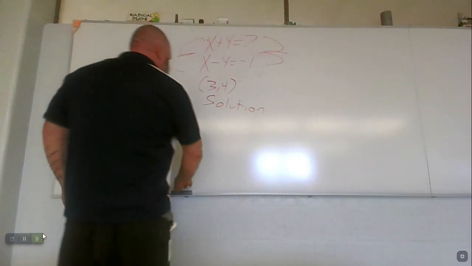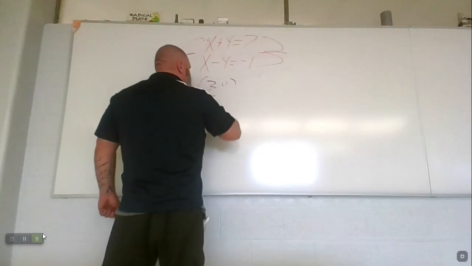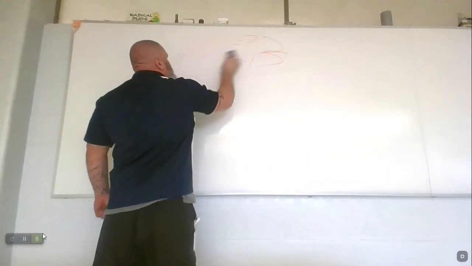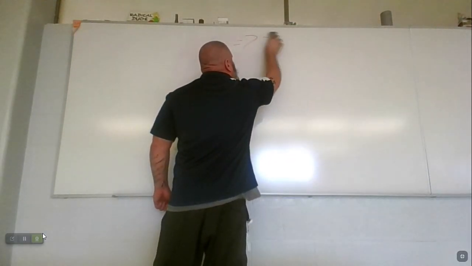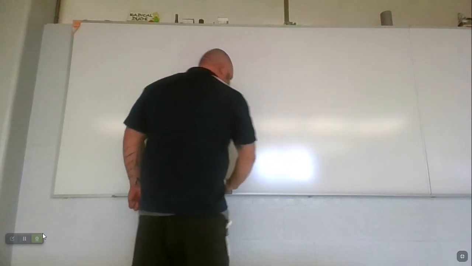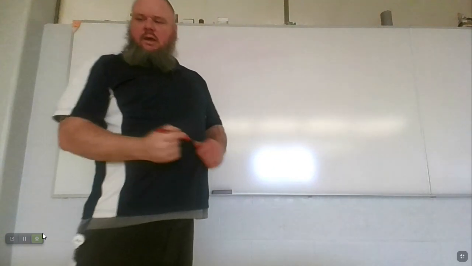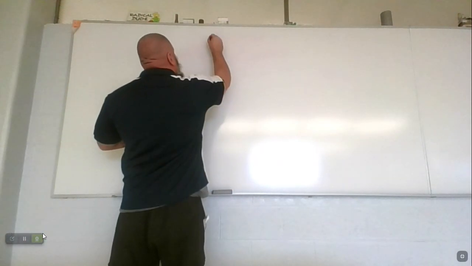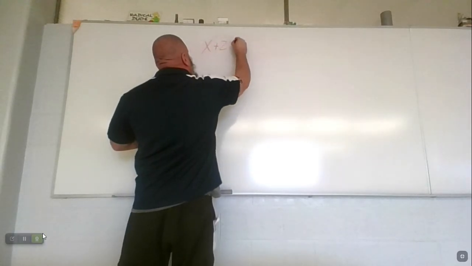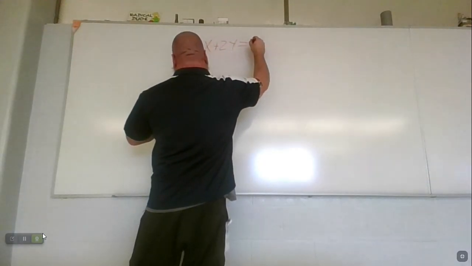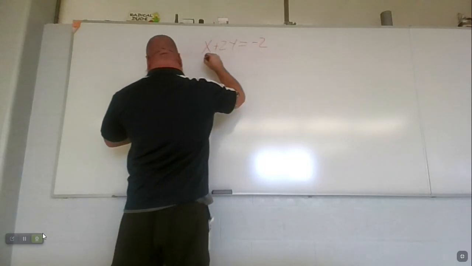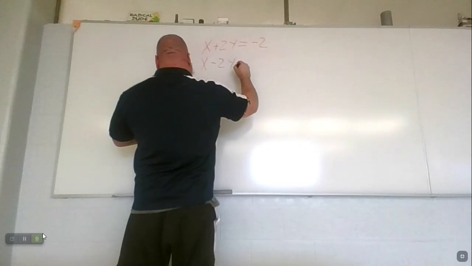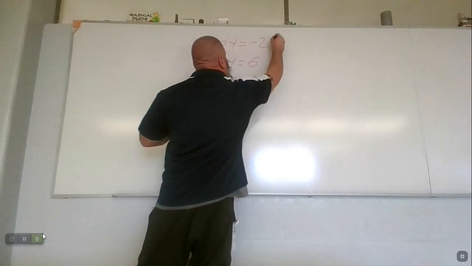One more. How about let's look at x plus 2y equals -2 and x minus 2y equals 6.